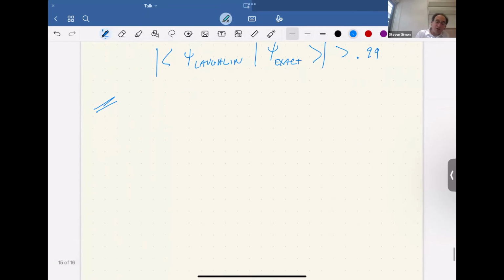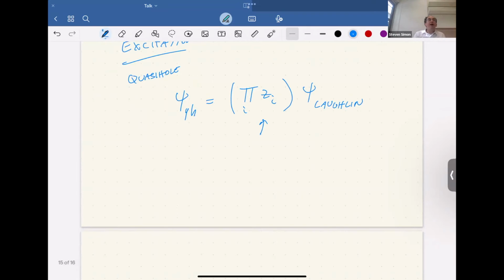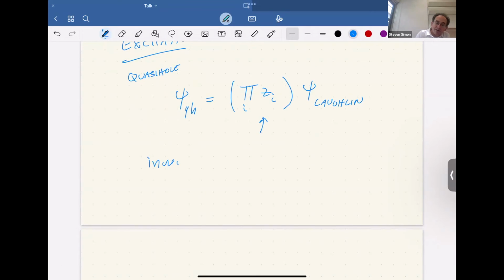Charge fractionalization. We want to look at excitations. And it's actually not too hard to create what they call a quasi-hole excitation, psi quasi-hole, by multiplying psi Laughlin by this factor. What does that factor do? Well, that factor increases each z_i by 1 degree.